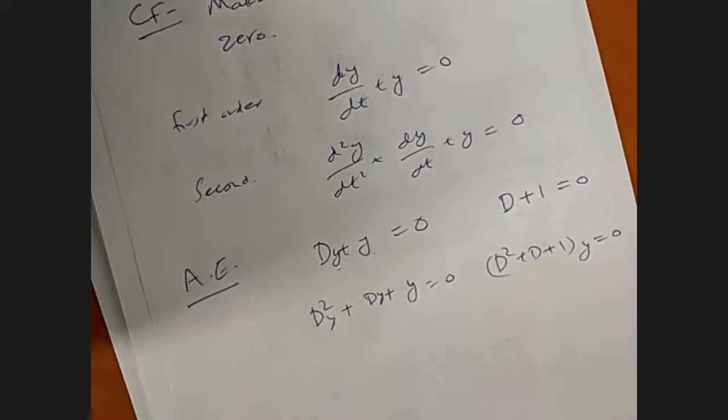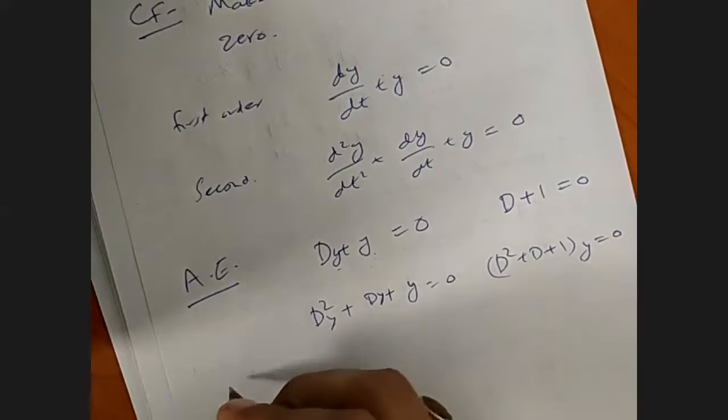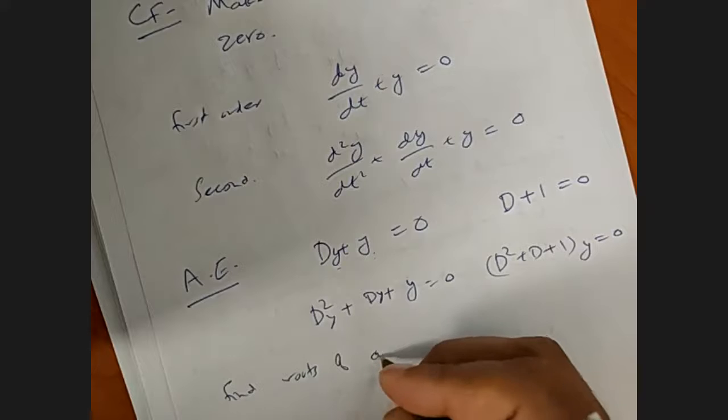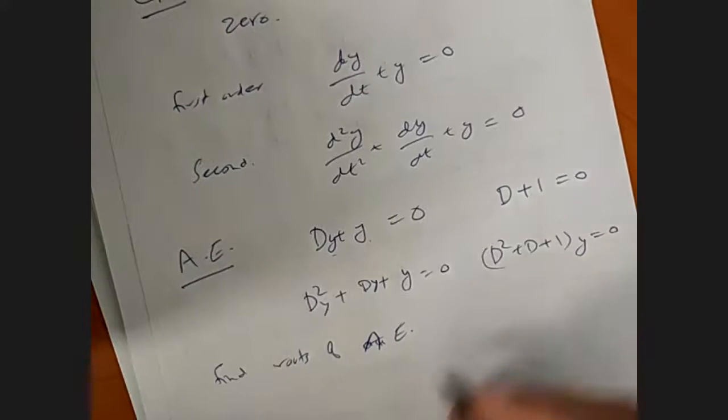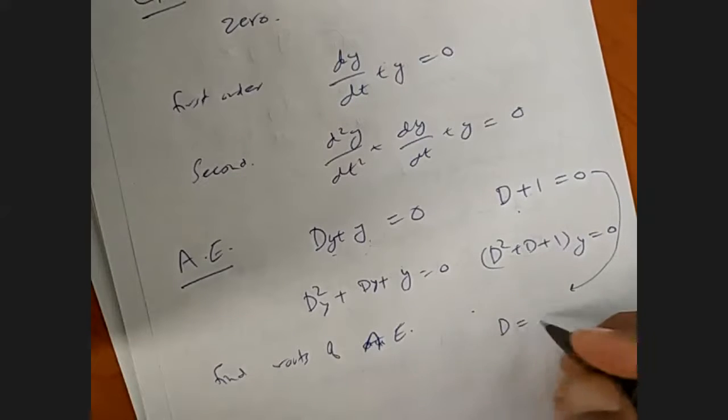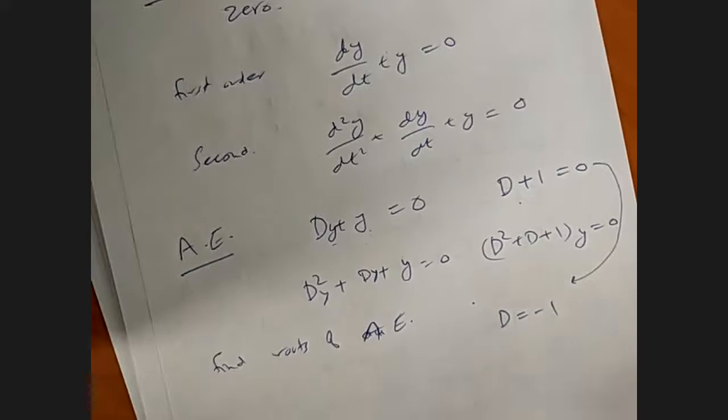So these are your auxiliary equations, and then we find the roots of the auxiliary equations. For this we get d equal to minus 1.